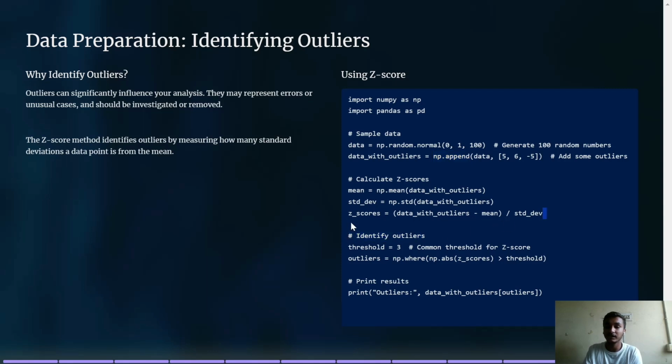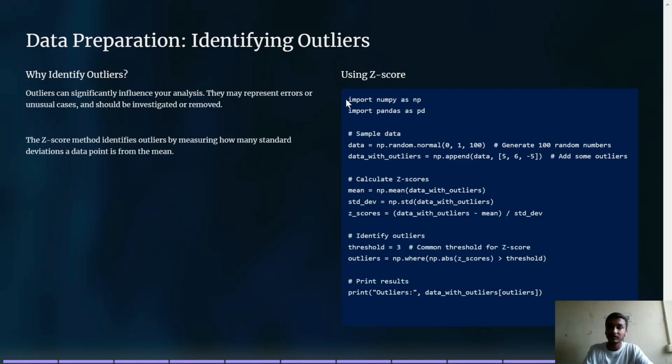This is the formula for calculating z-score. Now, a rough rule says that we use the common threshold value of 3 for identifying the outliers. And outliers we will calculate by using np.where, np.absolute of z_scores greater than threshold. It means that if the value is greater than 3 or less than minus 3, it will be considered an outlier. And then we are printing the outliers.